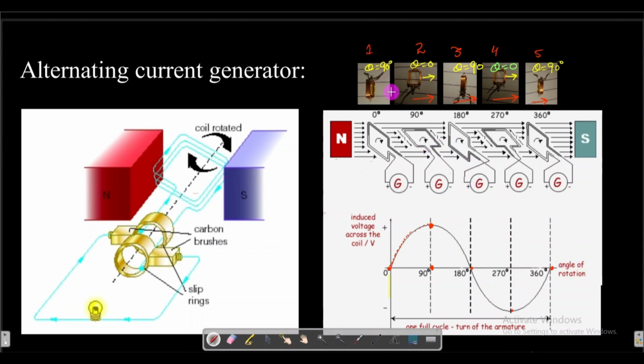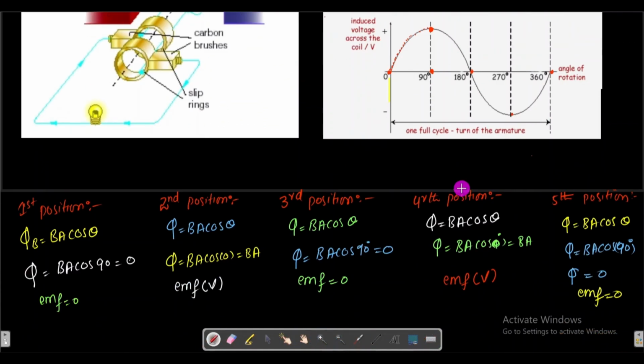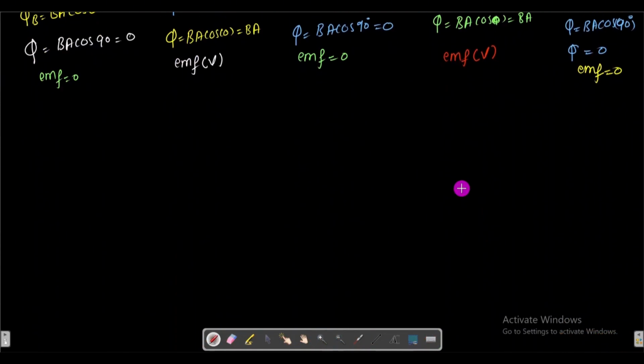In the AC generator, such a phenomenon is present, and it induces the current. According to Faraday's law of electromagnetic induction, the EMF induced is given by this: the EMF is equal to minus N del phi by del t.